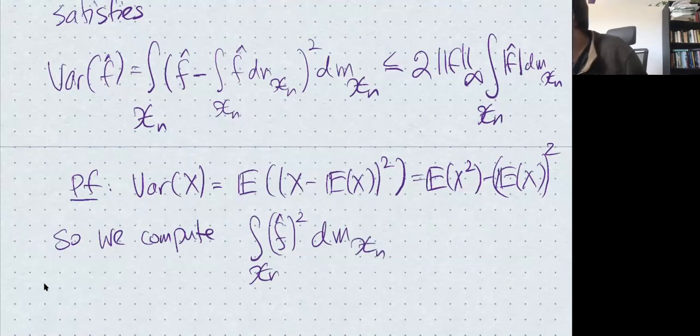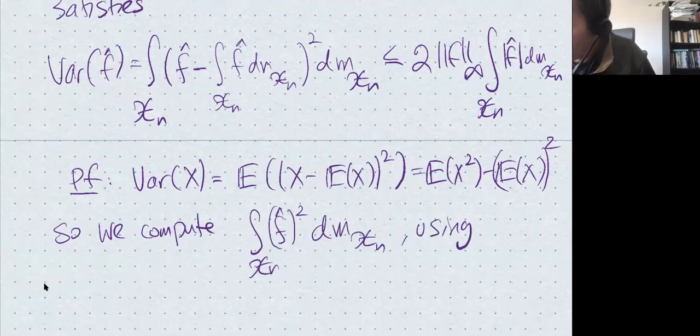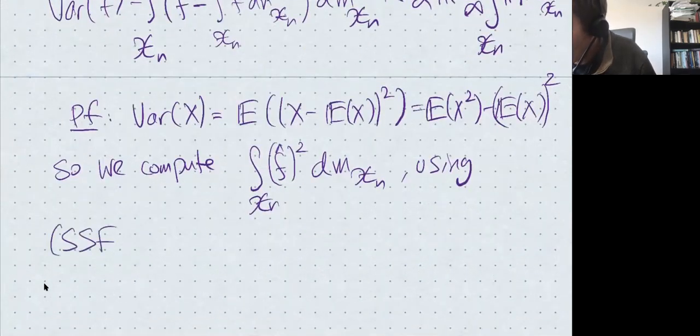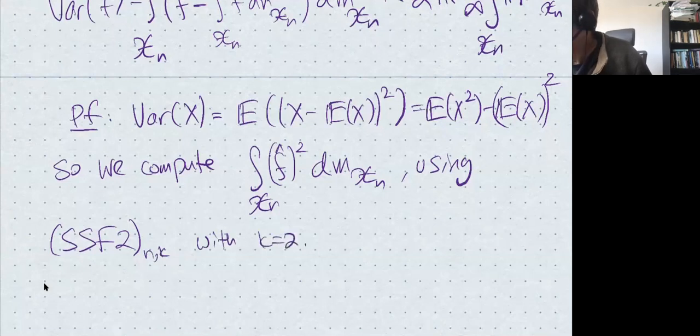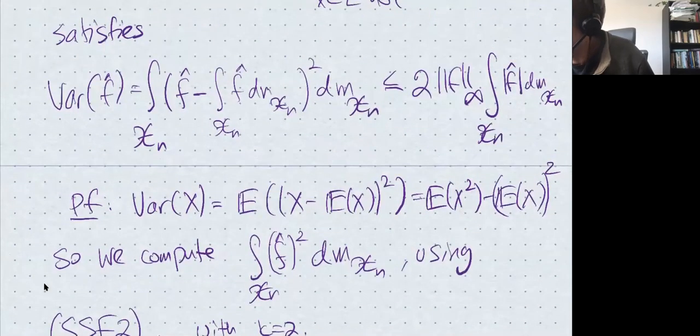This is what we want to compute, and we're going to do it using the Siegel summation formula, which I called the Siegel summation formula 2.nk with k equals 2. So there's a constant 2 in front.